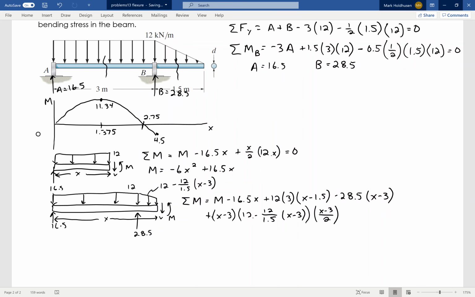Now I've got the final piece, which is that small triangle. What I'm looking at is breaking that into two pieces like that.